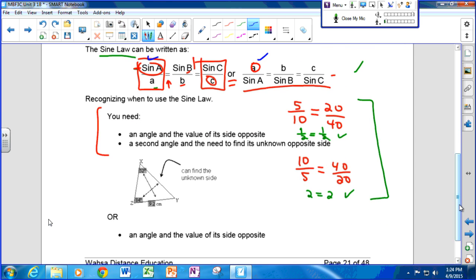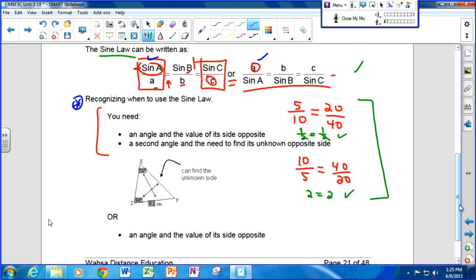Now, they go into a fair bit of detail about when to use the sine law, but really, you could always just write it out on the side. Don't be afraid to do that. Say you try the sine law, fill it in, and realize you don't have enough information to use it. Then on the next line, just write out the cosine law.